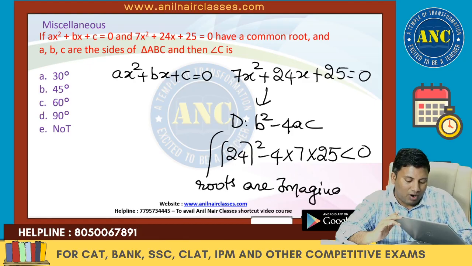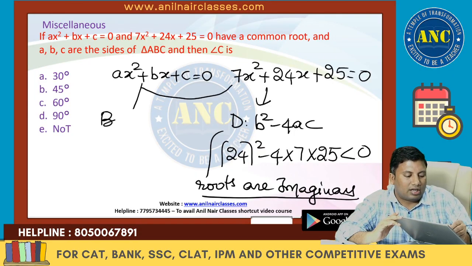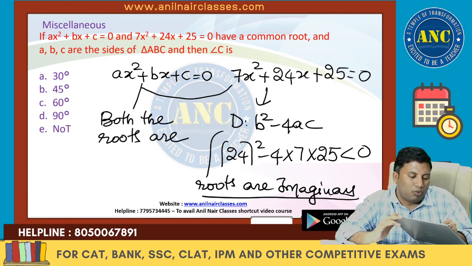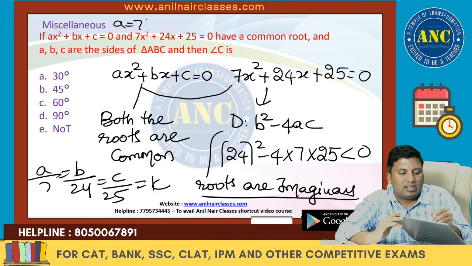If in a quadratic equation roots are imaginary, then automatically both the roots will be common, because roots happen in pairs. If both the roots are common, a by 7 equivalent to b by 24 equivalent to c by 25, which is nothing but a is 7k, b is 24k, c is 25k.